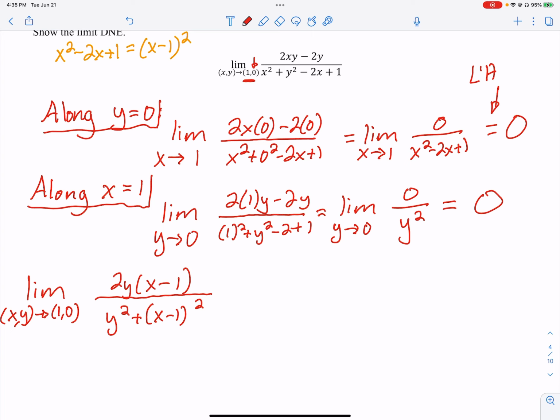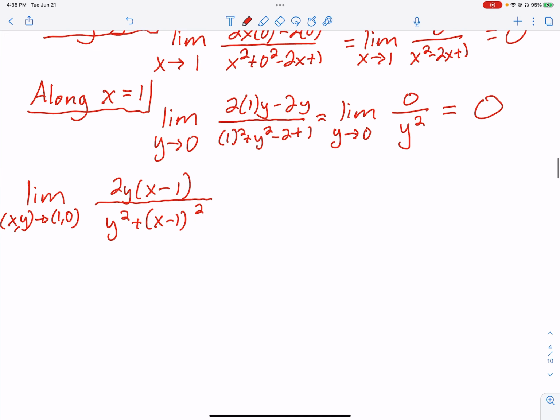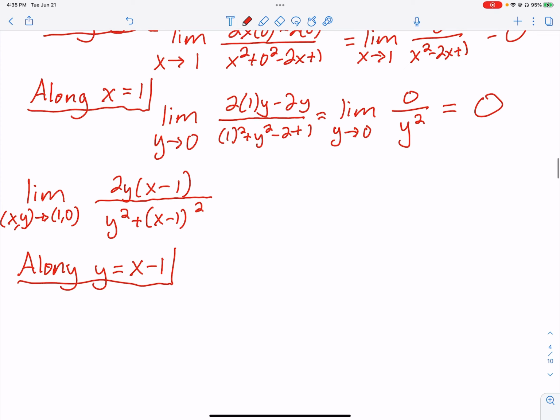After I do that, the path to choose to go down becomes obvious. I want to go along y equals x minus 1. What's going to happen is I get to make all those replacements, right? The limit, okay, I use that y is going to 0.